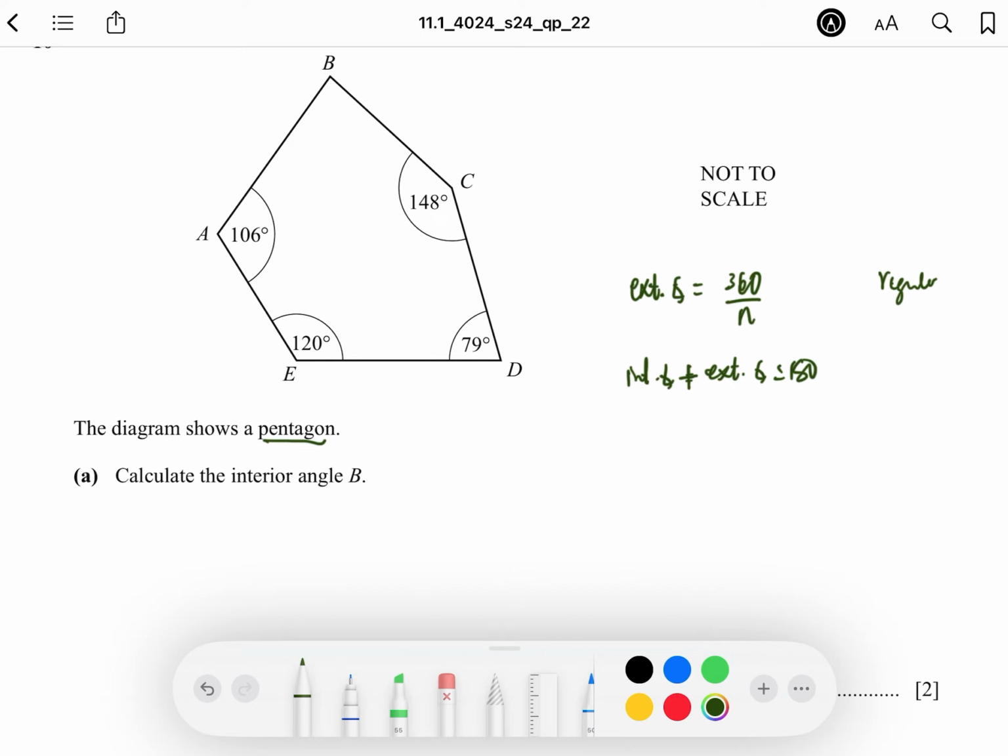Even though this is not a regular polygon, we can still use these two by adding the third one. Once you find the interior angle, you multiply the interior angle with the number of sides to get the sum of the interior angles for that particular polygon.